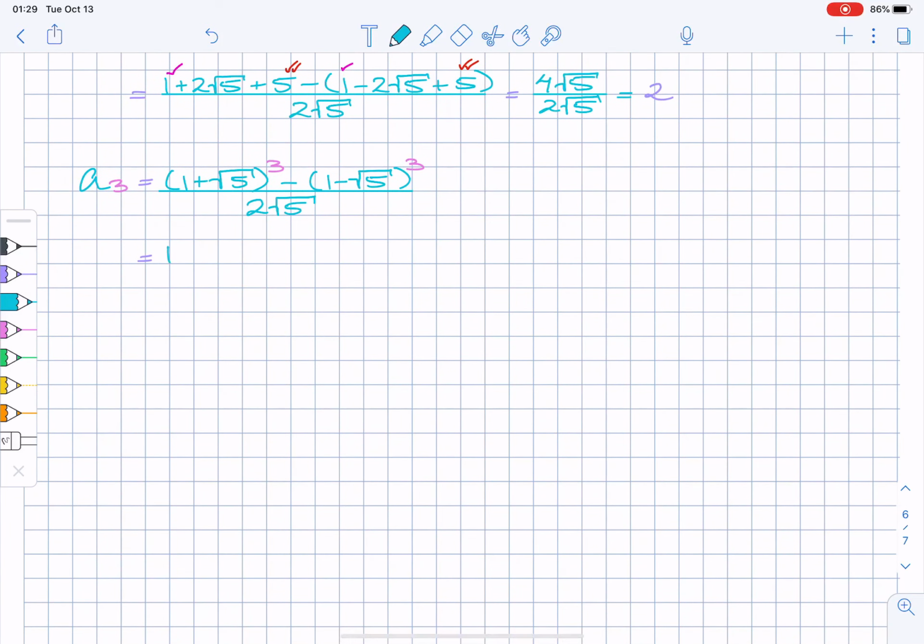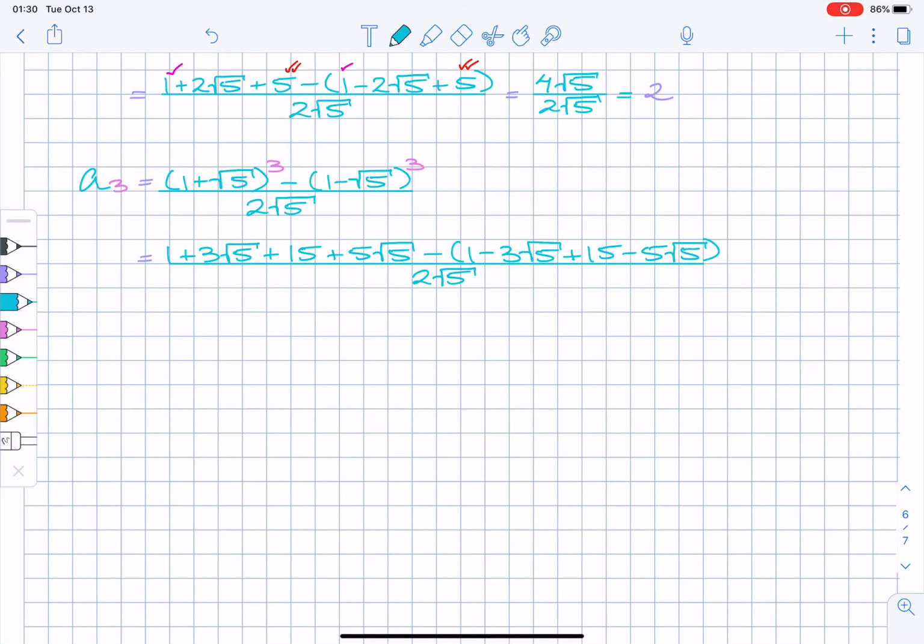So this will be 1 plus 3 root 5 plus 3 times 5 plus 5 root 5, from which I'm subtracting 1 minus 3 root 5 plus 15 minus 5 root 5, all over 2 root 5.